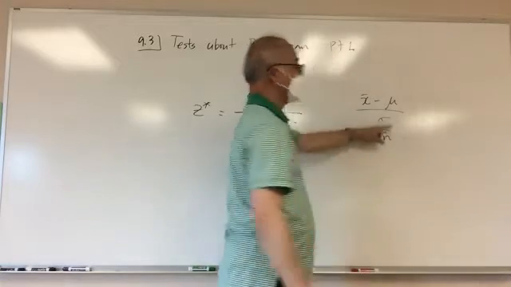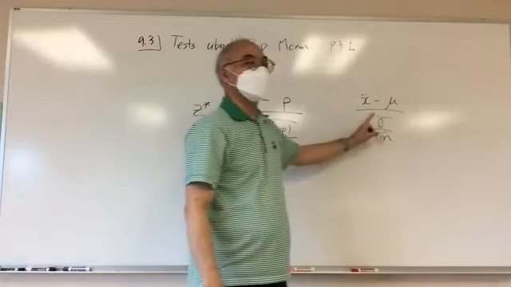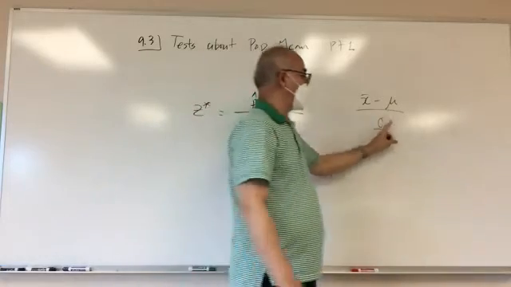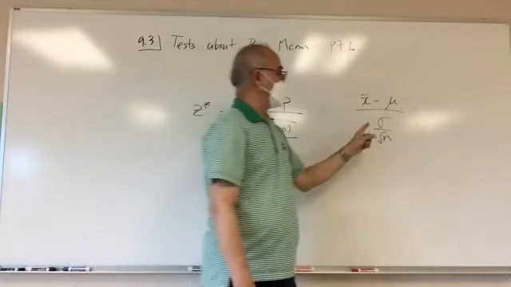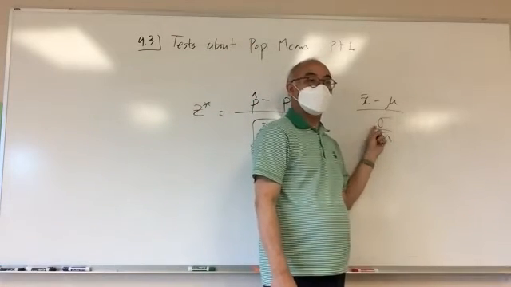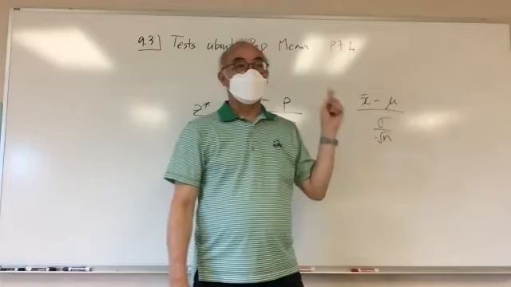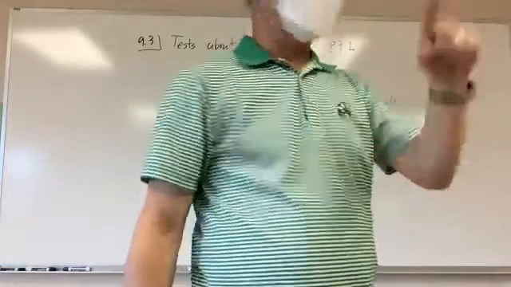This is the standard deviation, right? The problem is, and we've had this before, this is the population standard deviation, but we do not know this, right? And that forced us to use what? The t-distribution, right?